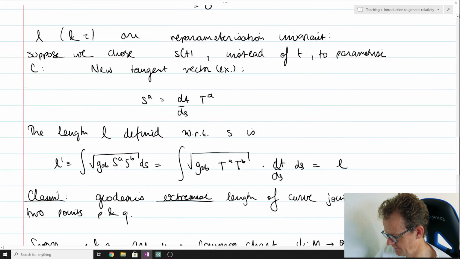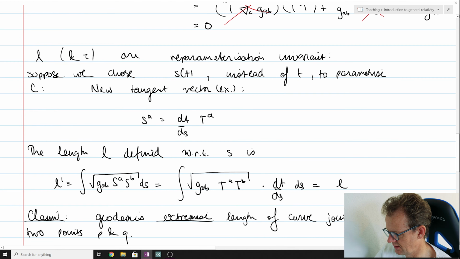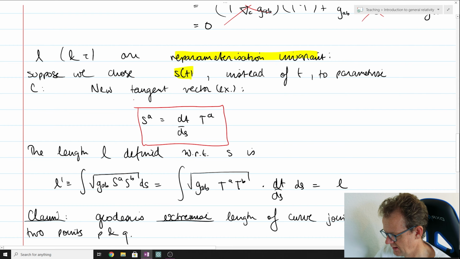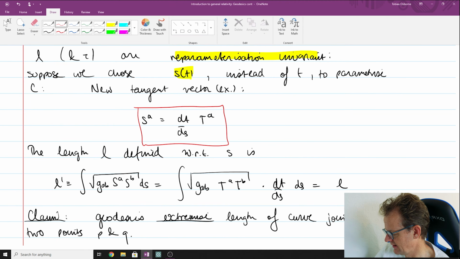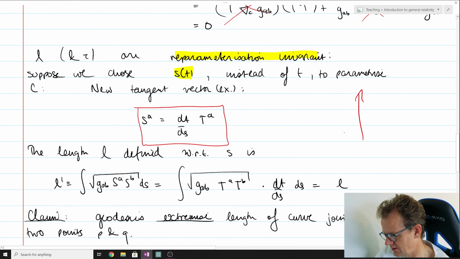If we go back to here, note that whenever you reparameterize a curve, so you choose a new parameter s, then the new tangent vector can be computed according to this formula here, where we've differentiated with respect to s instead of with respect to t. And dt ds, well, s is pretty much an arbitrary monotonic increasing function, right? S is allowed to be whatever arbitrary monotonic increasing function you so choose.